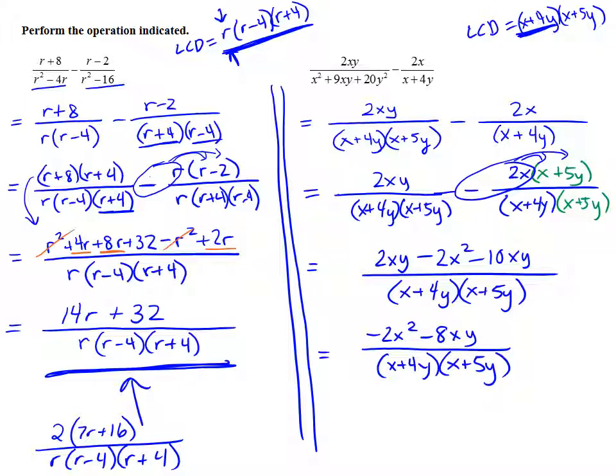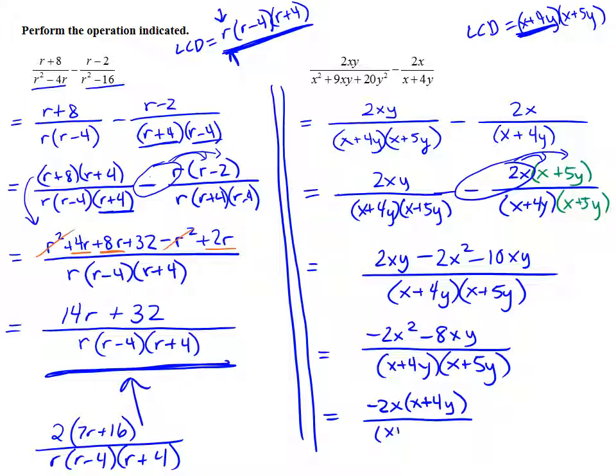Let's see if we can factor it to be able to simplify the entire fraction. There's a negative 2 that's common. There's also an x that's common. So let's take both of those out. So we're going to have an x left, plus 4y. Actually, careful, negative 8 divided by negative 2 is plus 4y. So watch your signs. I almost made a mistake there myself. You can get in a hurry and make mistakes, so I always double check signs.